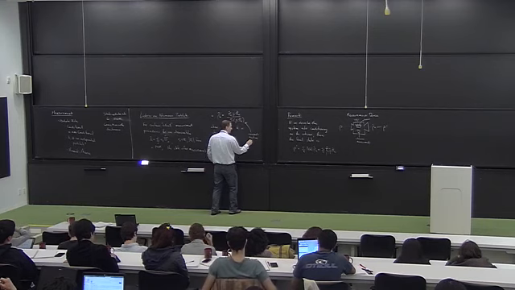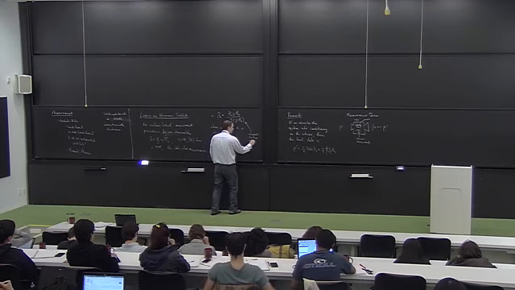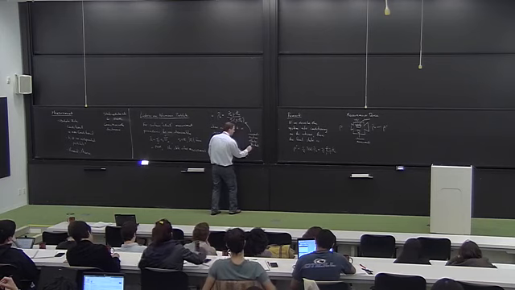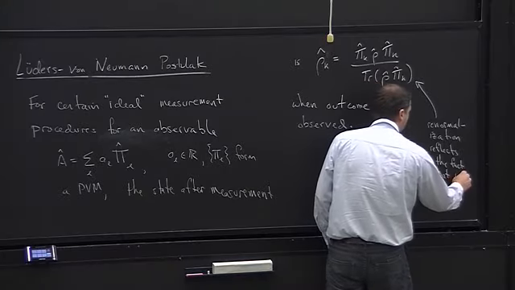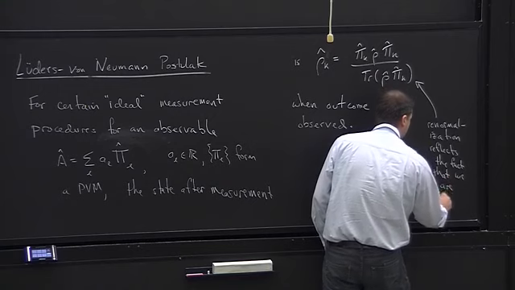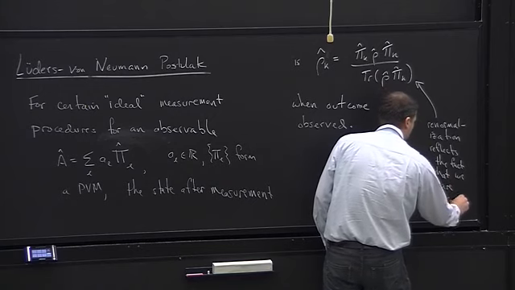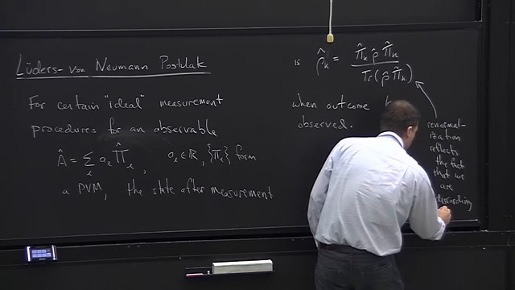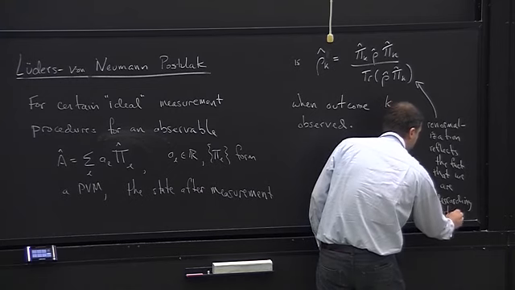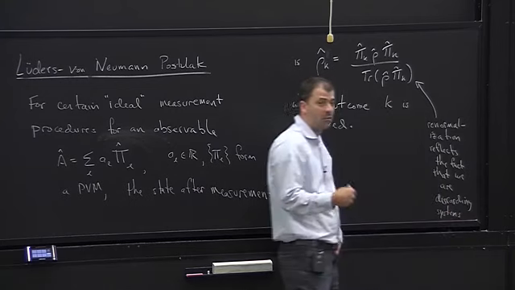This reflects the fact that we are discarding systems, which are elements of the ensemble. So we're choosing a sub-ensemble.